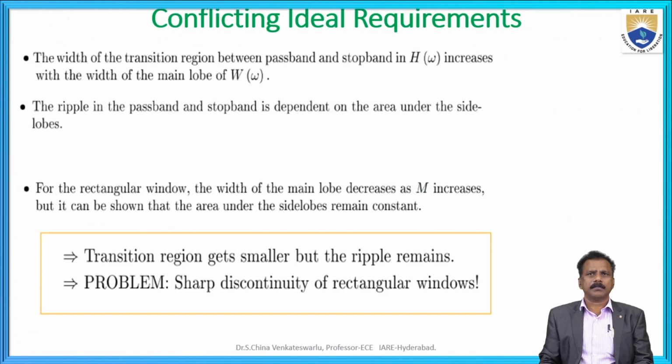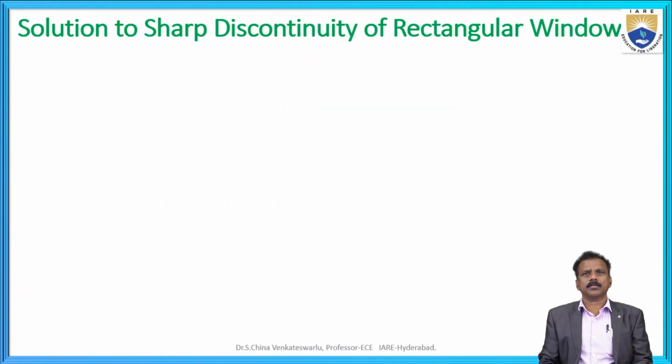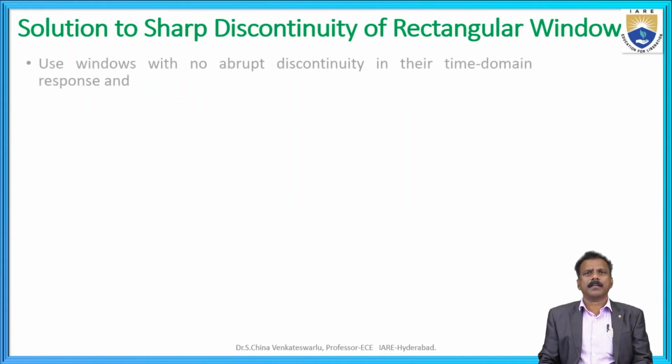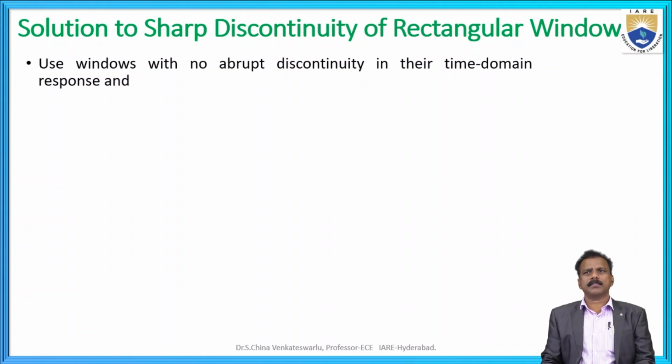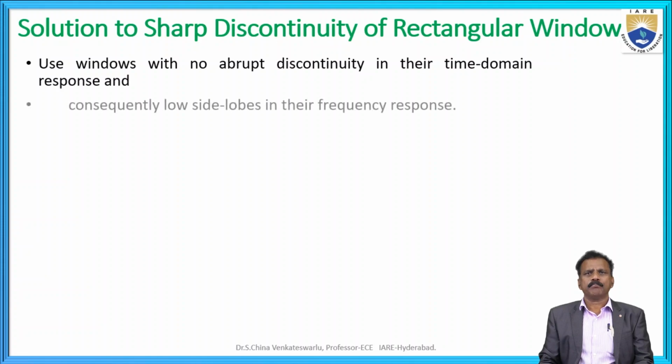So for this problem, what is the solution? The solution to the sharp discontinuities of the rectangular window is to use windows with no abrupt discontinuities in their time domain response, and consequently lower side lobes in their frequency response.